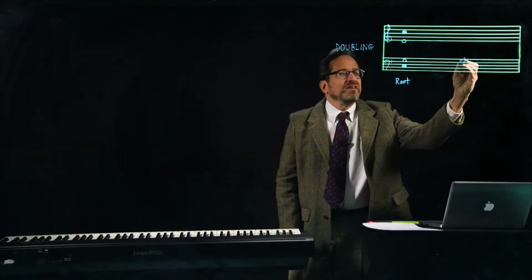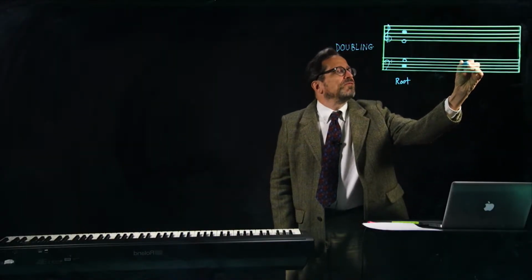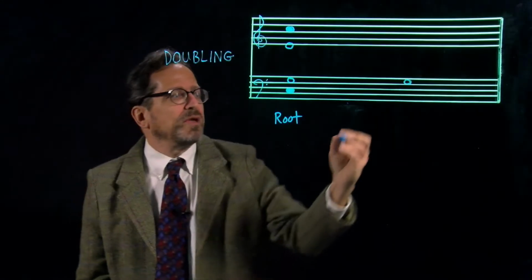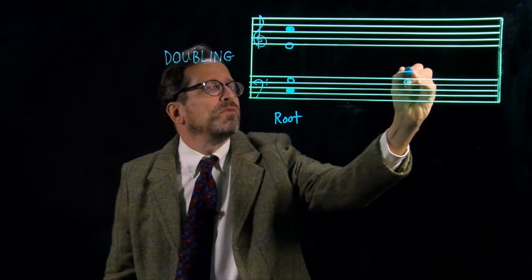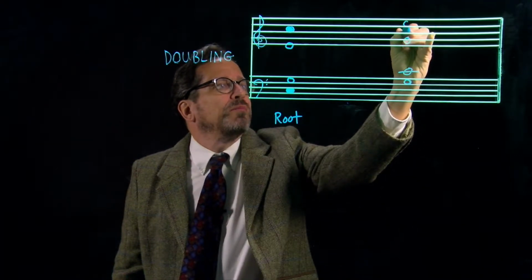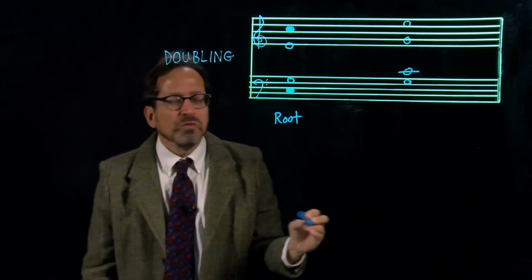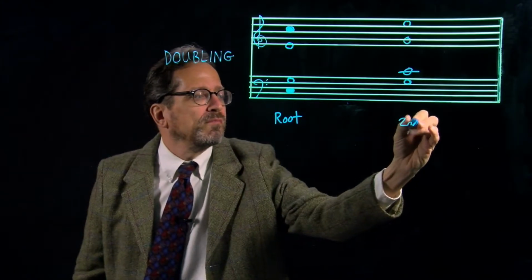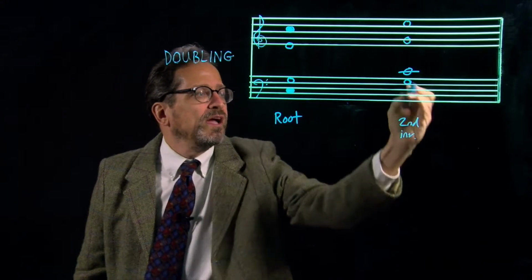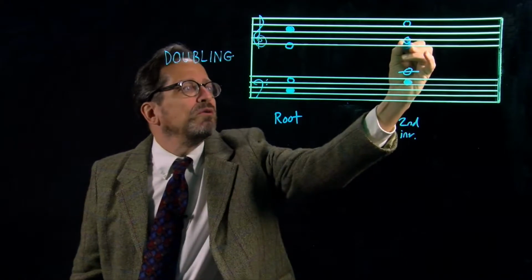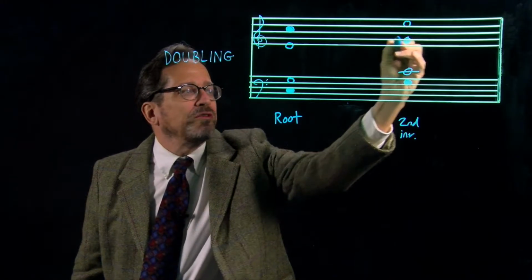If the triad is in second inversion, so now the fifth of the chord is in the bass. Once again, we double the bass. We double the fifth of the chord in second inversion. And since the fifth of the chord is in the bass, once again, we double the bass.